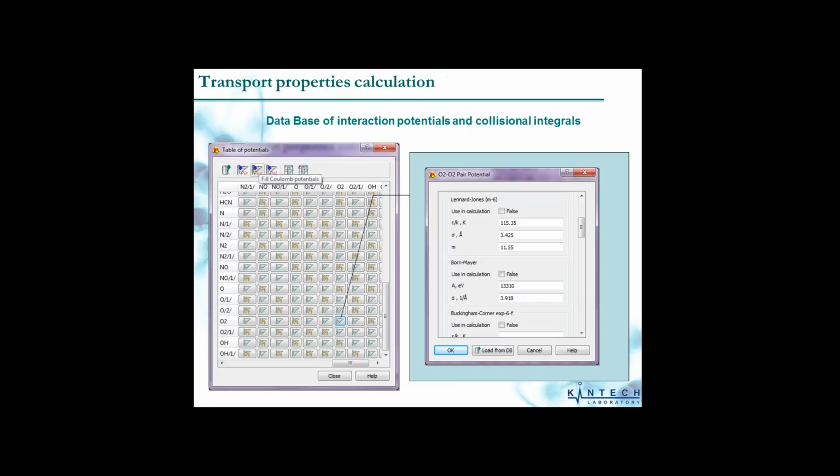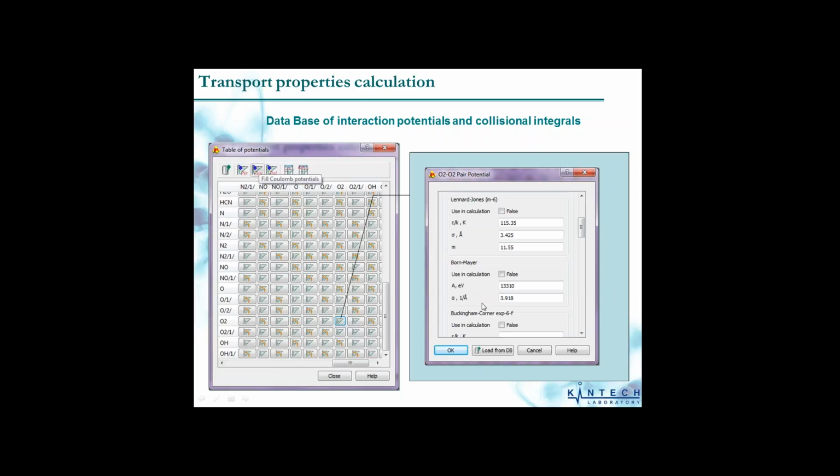Another important thing here is the transport property calculation. When you are performing calculations with the help of our plasma model, all necessary data are used together with the approximation of the interaction potential between the different molecules and atoms. Here you see the section corresponding to the data for this particular interaction. In this particular case, it's the interaction between oxygen and oxygen.